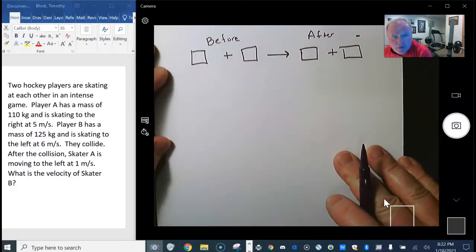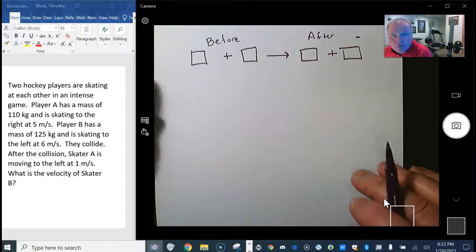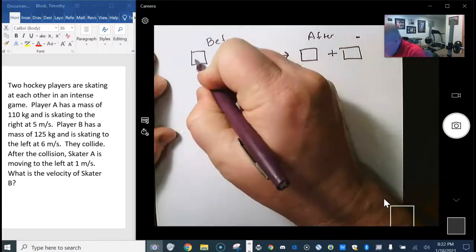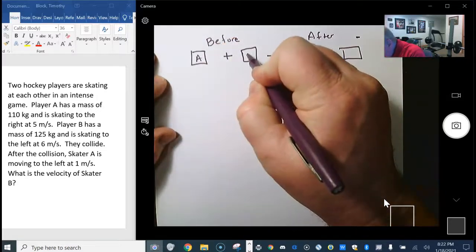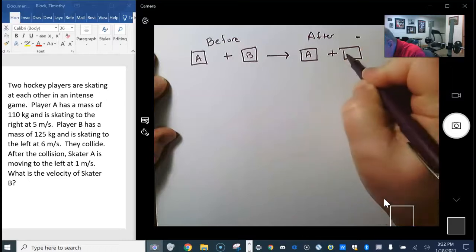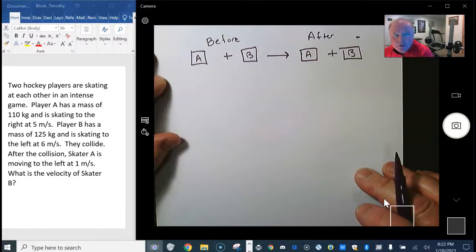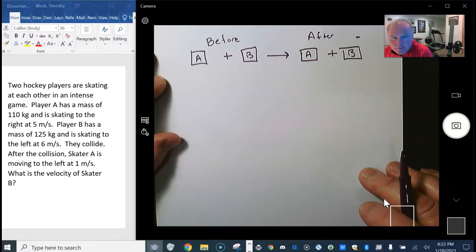Okay. Once we have our boxes or our drawings or whatever else that you're going to do, we're going to name them. And so here we have players A and B, so we'll name them A and B. Okay. So now we have our organization set up. Let's just do a little bit of the learning. Remember what we said was that in a collision, the conservation of momentum is true.